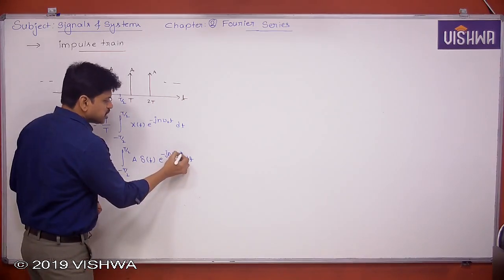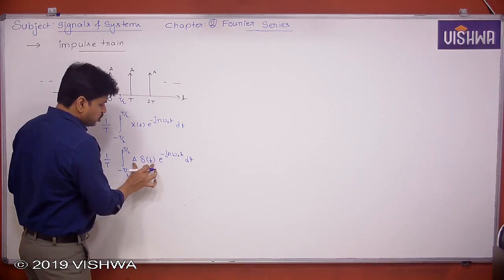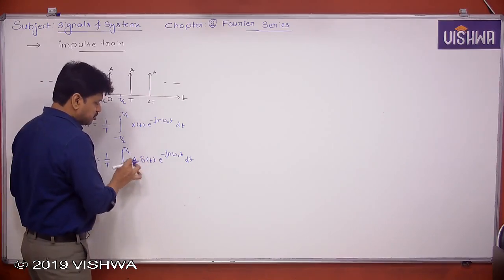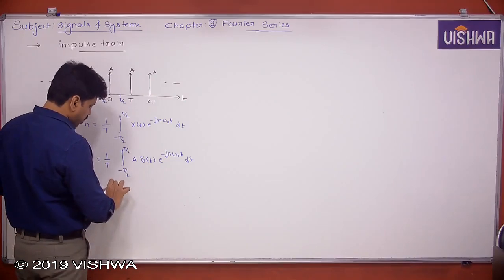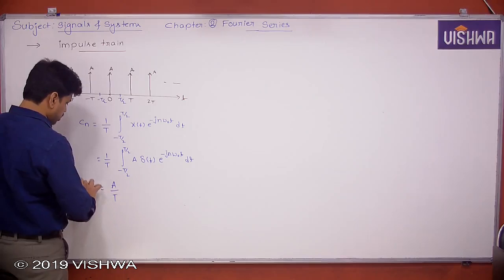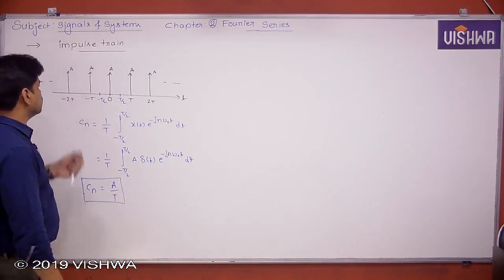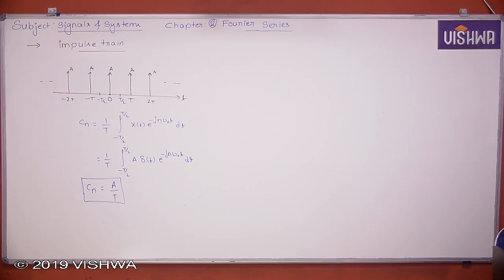If t is replaced with 0, this value becomes 1. So finally we get a delta t. What is the area under a delta t? That is nothing but a only. So finally we get a by T. So Cn is equal to a by T. This is the Fourier series coefficient of the impulse train.